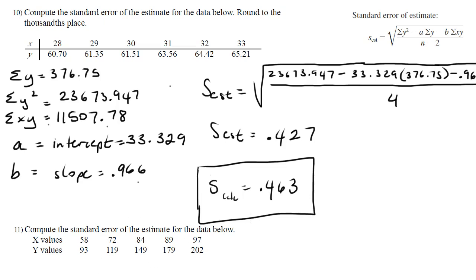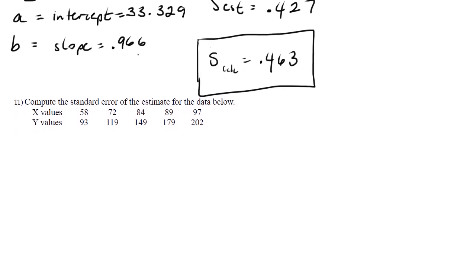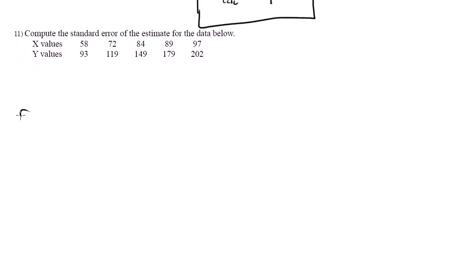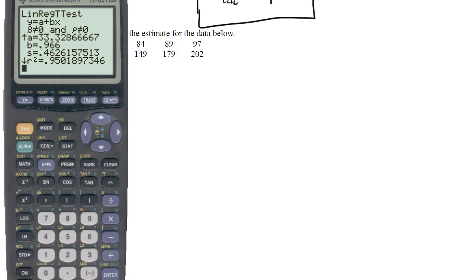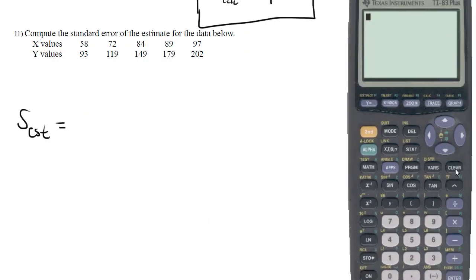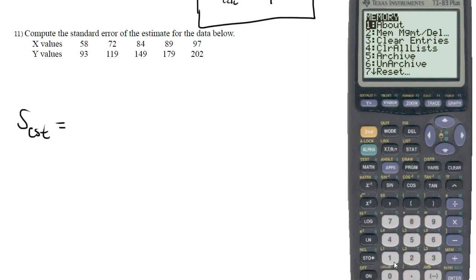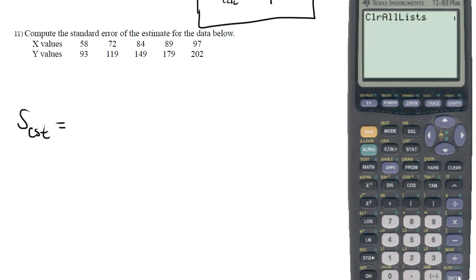This next one, number 11, I'm going to do using the calculator and get that calculator value, the standard error of the estimate. Let's clear those values. Second memory, 4, clear all lists, enter.